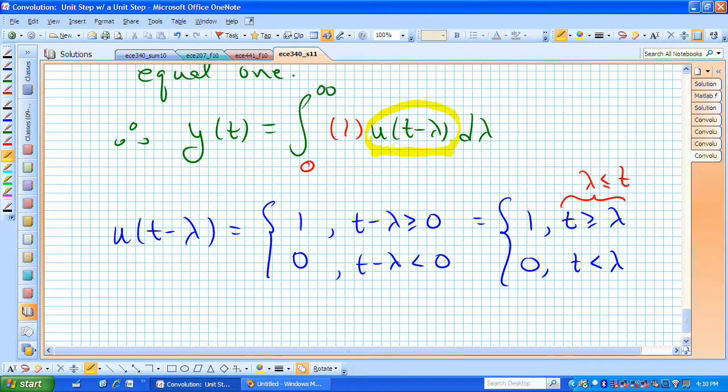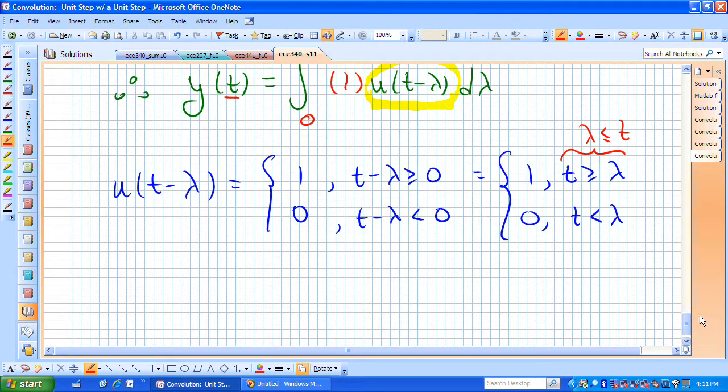Now, what are we doing? We're plugging in a particular value of t and evaluating this integral. If you think about that now, lambda is our variable of integration, and we are going to be able to replace that upper limit of integration in our expression for the output.